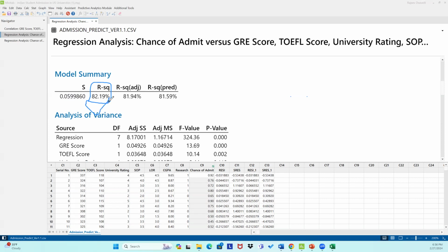So this is R square. Now let's come to the adjusted R square. What is this? This is always a little bit less than R square. This is 82.19, and this is 81 point something, which is smaller, because you can say this is a more filtered value of R square. Some useless items are removed.